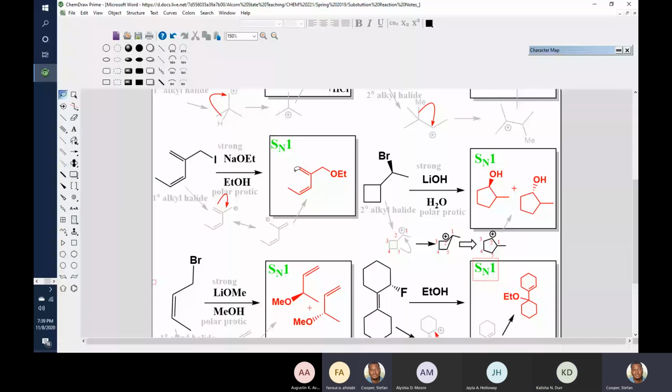Dr. Cooper. Yep. I was doing the post-lecture test on Pearson, and my main problem was doing the mechanisms. I had them written down in my notes, but filling them in on Pearson is way more complicated than I thought. Yeah, it's very tedious.